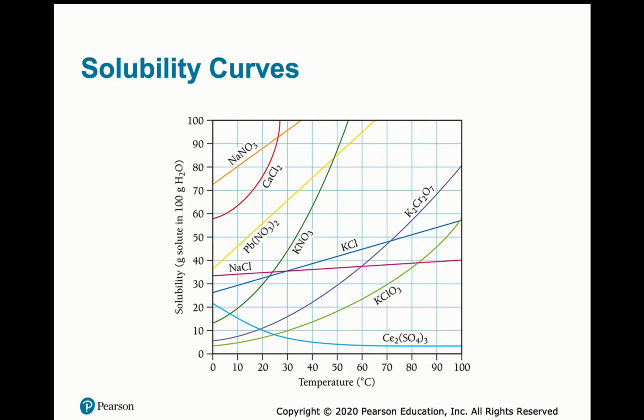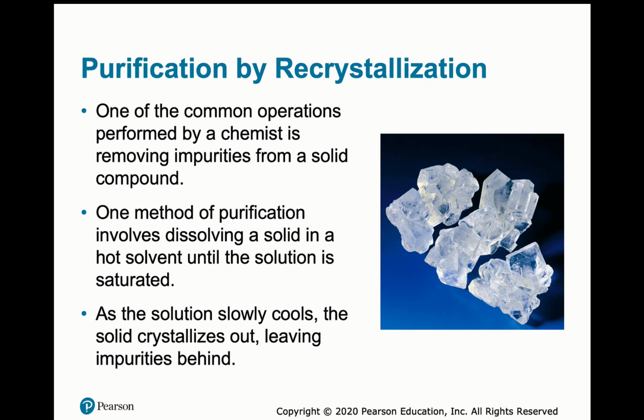Here is the temperature dependence of solubility: solubility on the y-axis, temperature on the x-axis, and you can see the most common general trend is an increase. You can also crystallize things, and one of the purification methods is crystallization. You saturate a solution and cool it down.